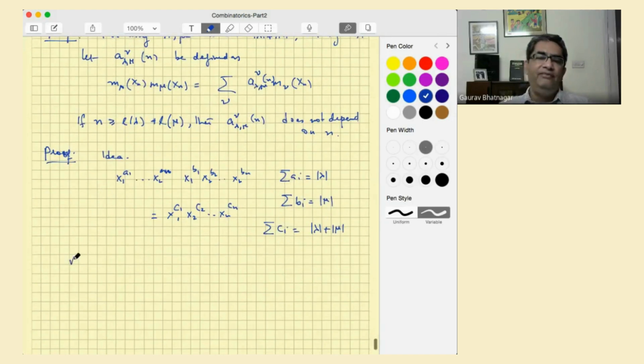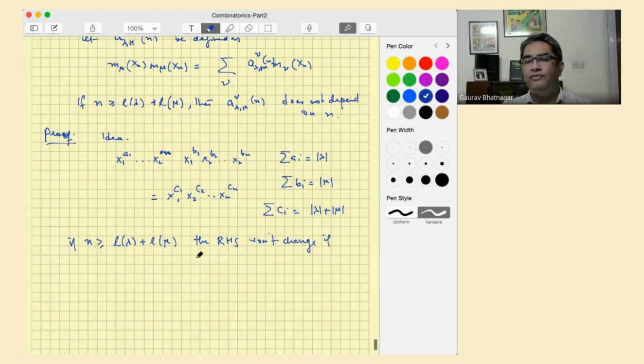Now if n is bigger than or equal to the length of lambda plus length of mu, the right hand side, which is this guy, won't change. If I take anything bigger than xn to be 0, if I take everything else bigger than 0, it won't change, and neither will the left hand side.